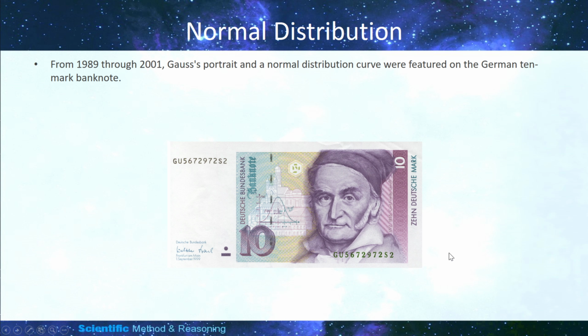This is a picture of the 10 Deutschmark. From 1989 through 2001, Gauss' portrait and a normal distribution curve were featured on the German 10 mark banknote. And right here is the plot of the normal distribution.